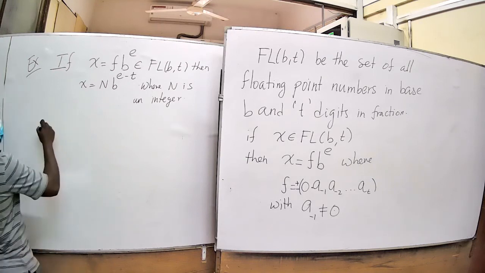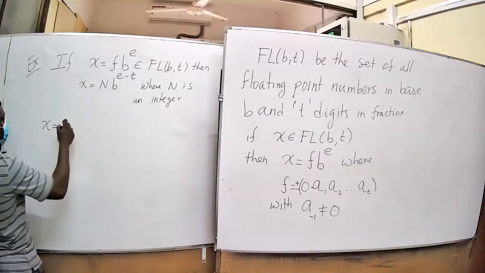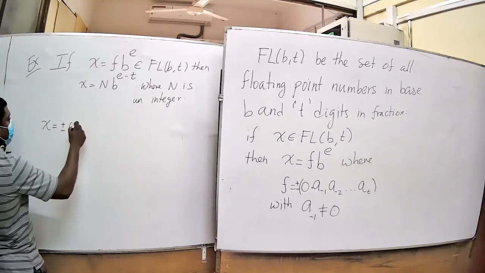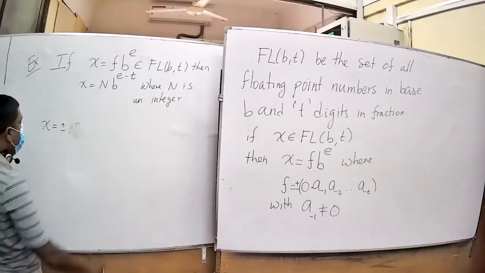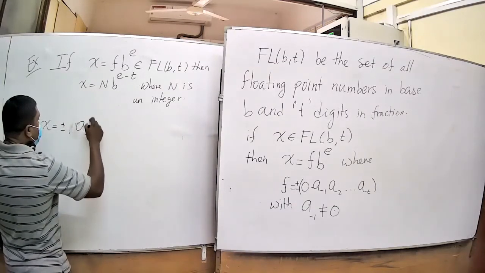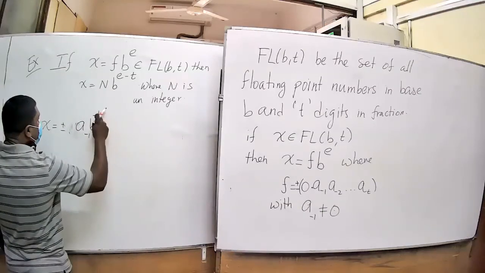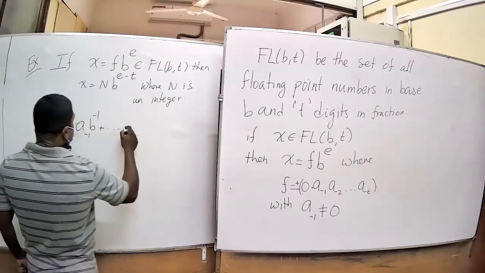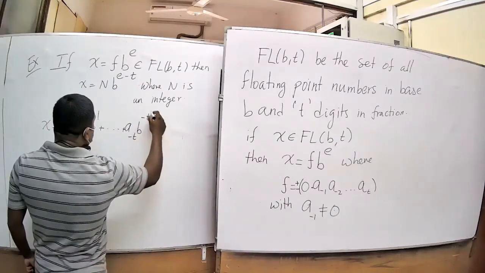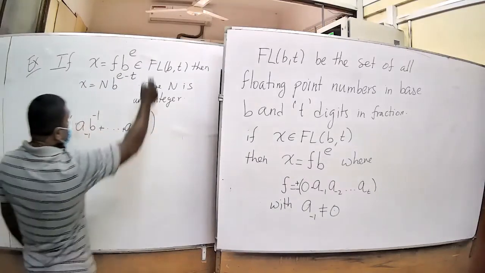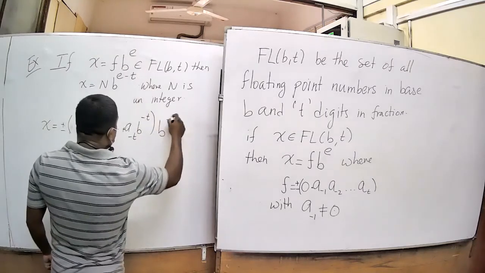This is the same because you know x is equal to plus or minus 0.a1 a2, so a1 b to the power minus 1, plus all the way up to a_t b to the power minus t, times b to the power e.